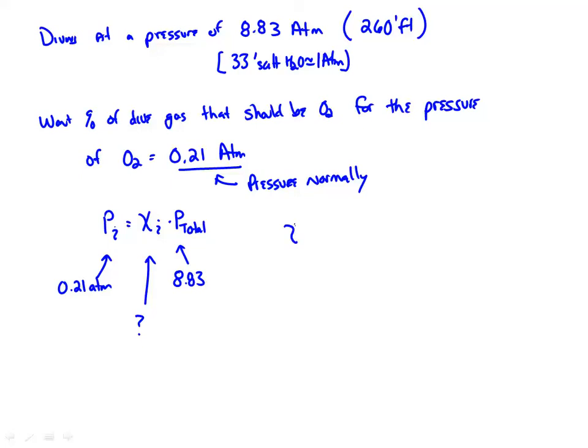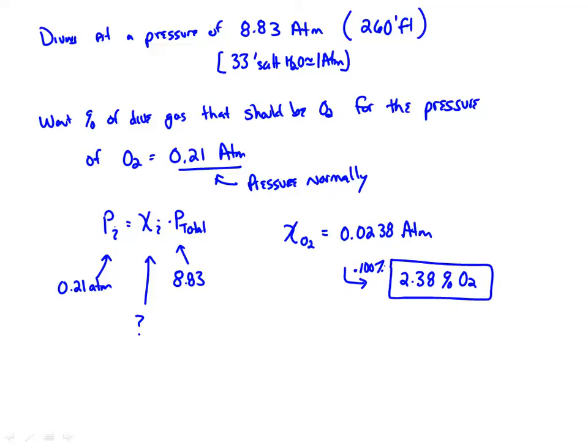And so what that says is that the mole fraction of oxygen that we want is 0.0238. And if we turn that into a percentage, so times 100 to get it to a percent, means we want our dive gas to be 2.83% oxygen.